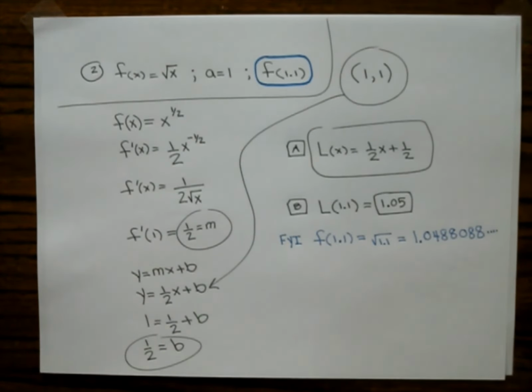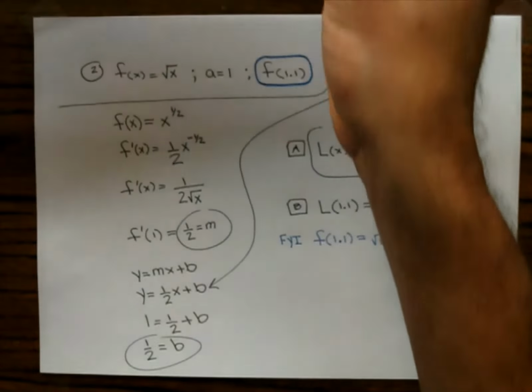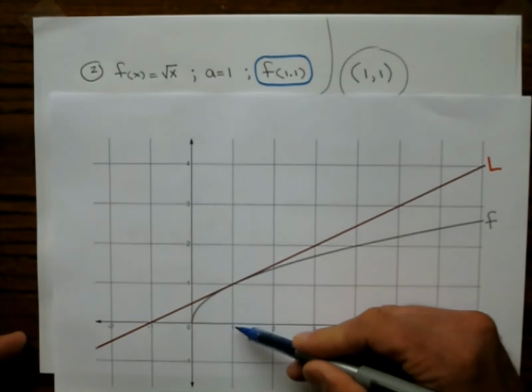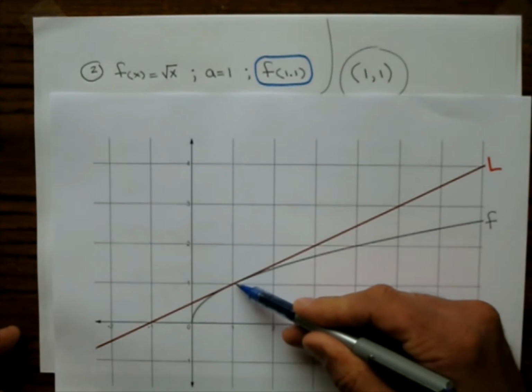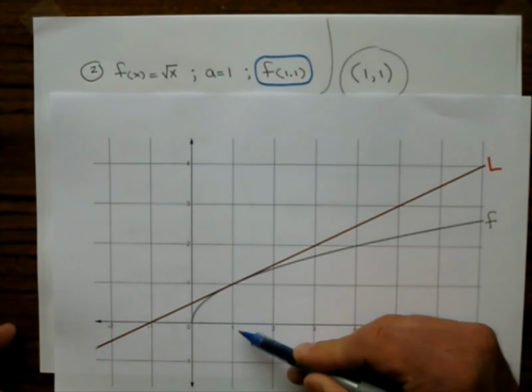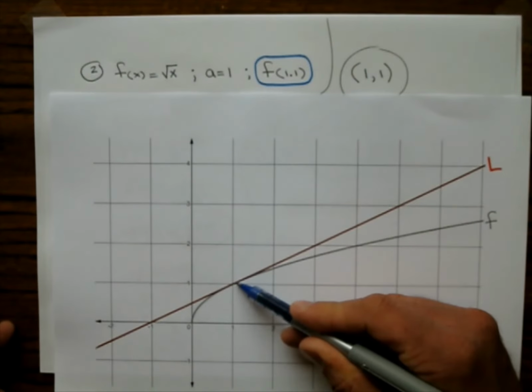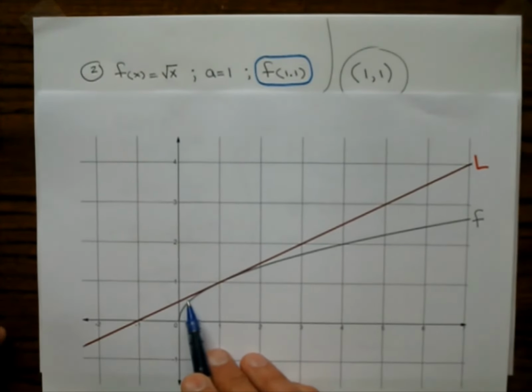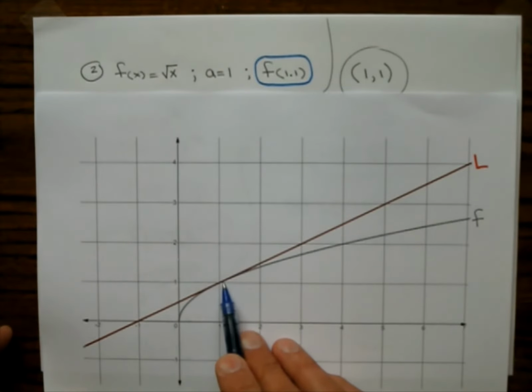Before we move on to the next problem, let's just take a look at the graph. So we have L of 1.1 and f of 1.1. L of 1.1 is right there, and f of 1.1 is right there. Because this can only do so many pixels when I graph this, it almost looks like the same, but it's a little different.